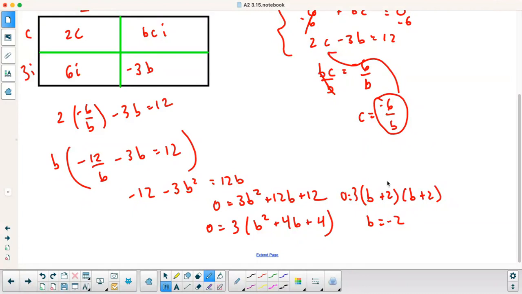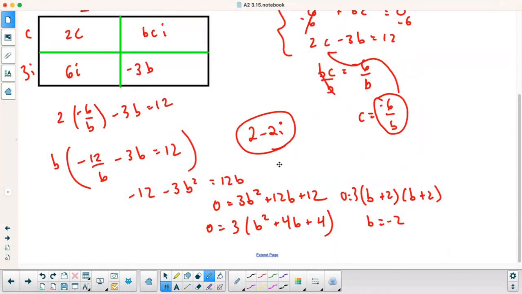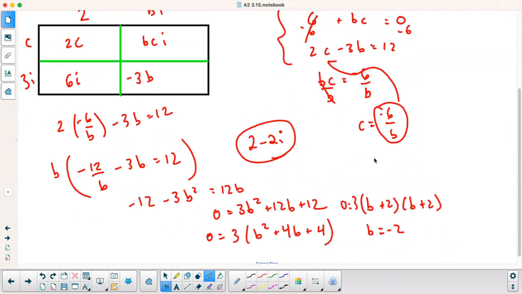Okay, so go up here. We now have one of the real numbers. We have 2 minus 2i. Now, if I plug that back in here, I should be able to find c. And then I already have the d.